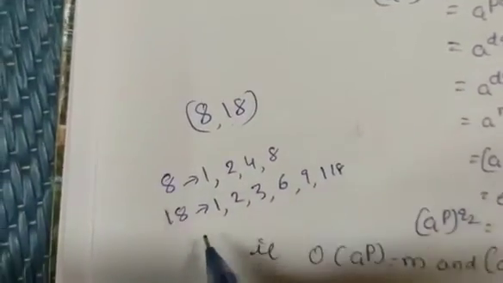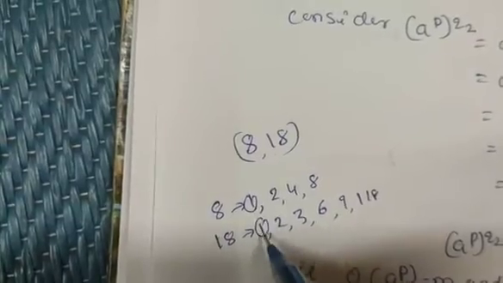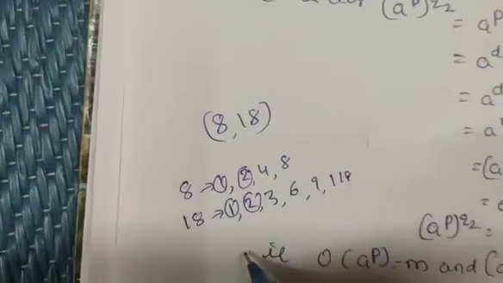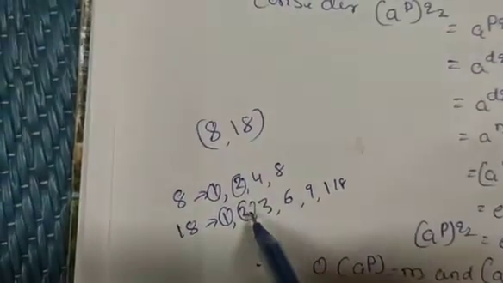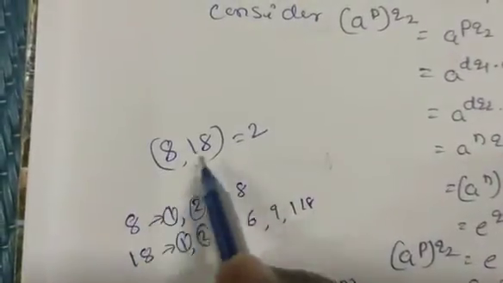So here the common divisors are what? We have 1 here, and here also; here we have 2, here also we have 2. Only these two are common divisors. So in these two, the greatest one is 2. So this is equal to 2. This is the meaning of GCD of two numbers.